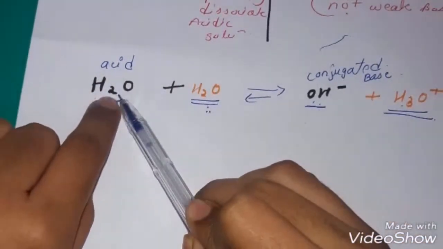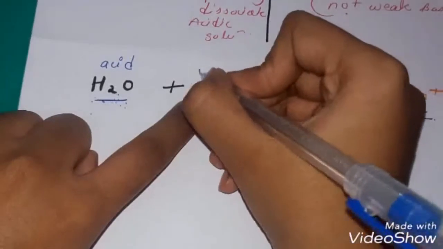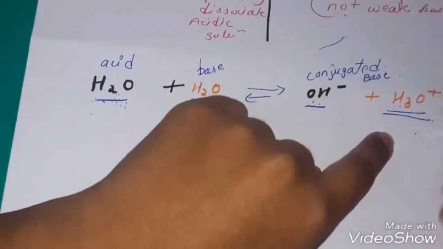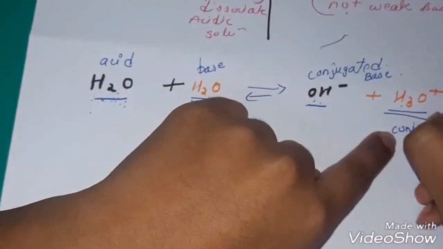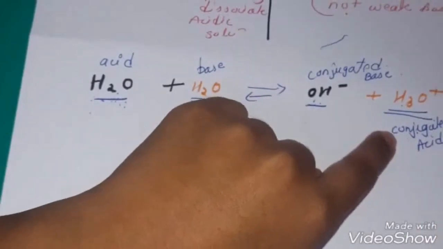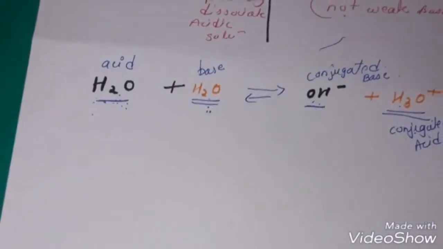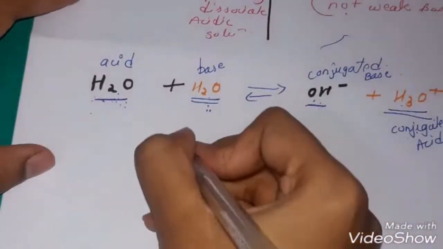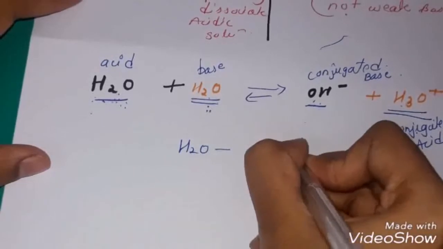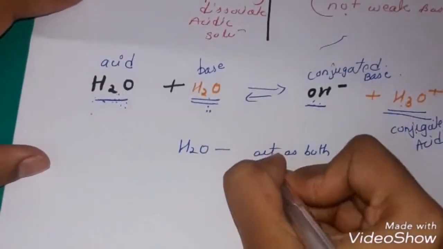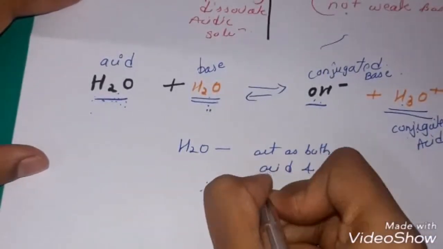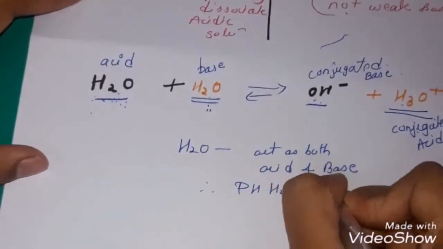So this one is the base and the product which is generated is known as its conjugated acid. So from this we can get that water acts as both acid and base, therefore the pH of water is always neutral.